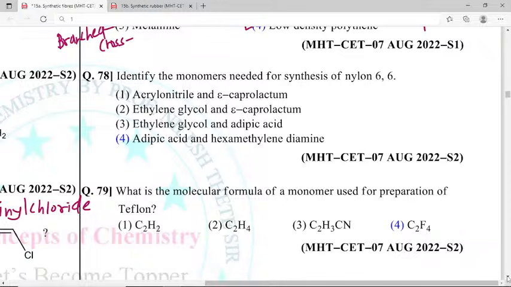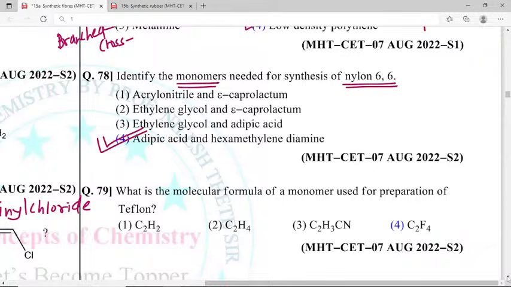Identify the monomer needed for synthesis of nylon 6,6. Options: acrylonitrile and epsilon caprolactam, ethylene glycol and epsilon caprolactam, ethylene glycol and adipic acid, adipic acid and hexamethylene diamine.